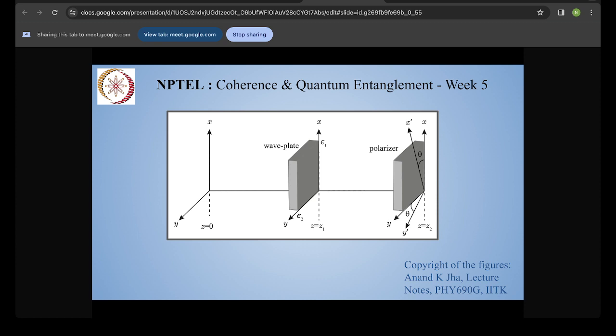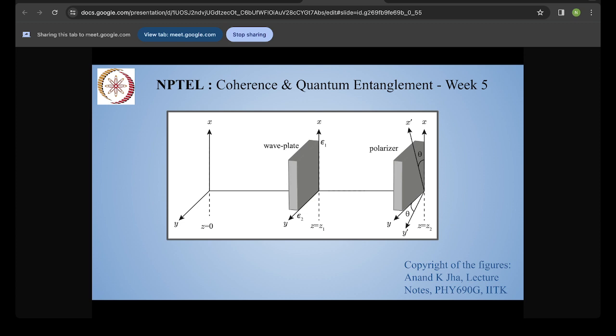We have used the Mach-Zehnder mostly, but I have also shown you how to do it with the Michelson interferometer. But if you consider an interference setup for this polarization degree of freedom, then we need to take help of wave plates and polarizers.